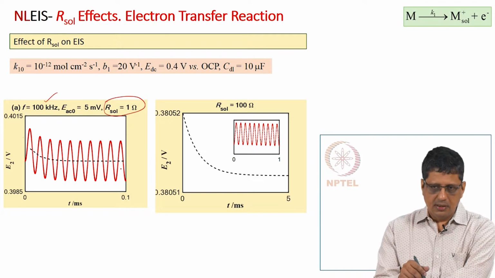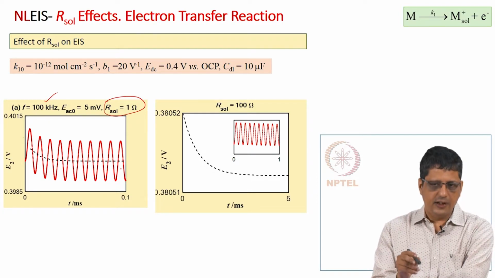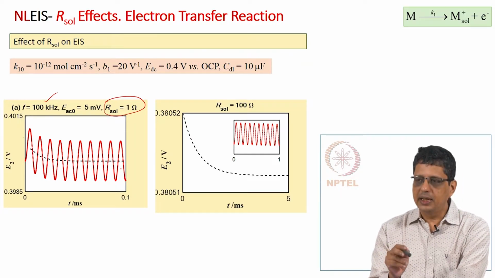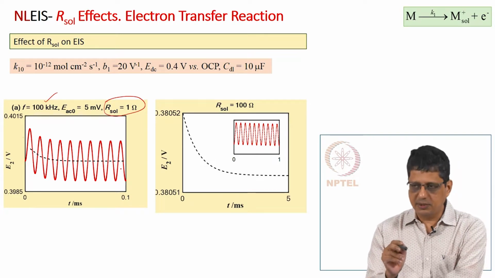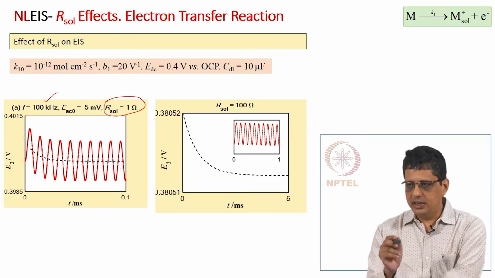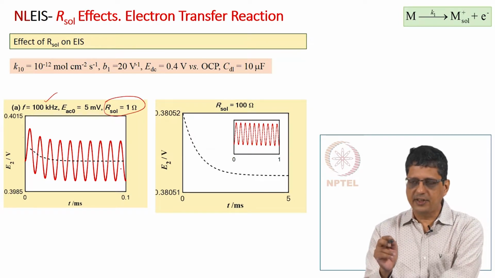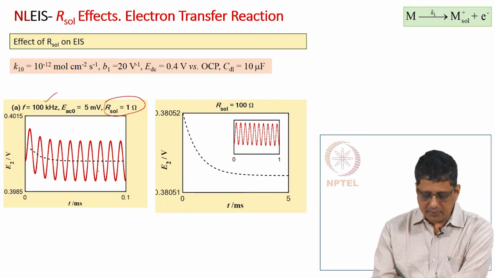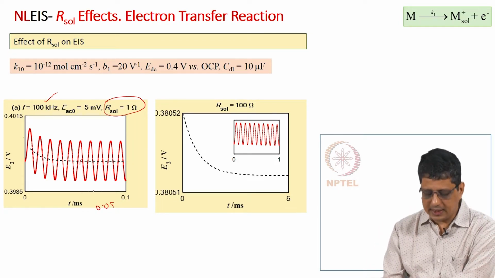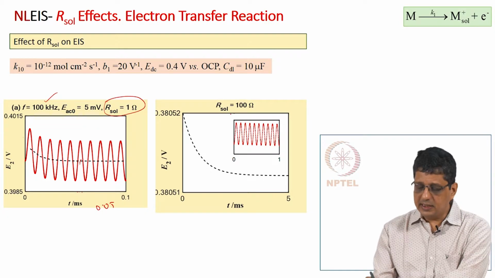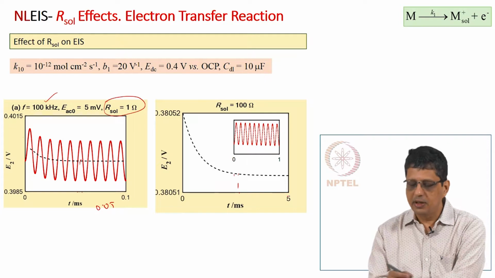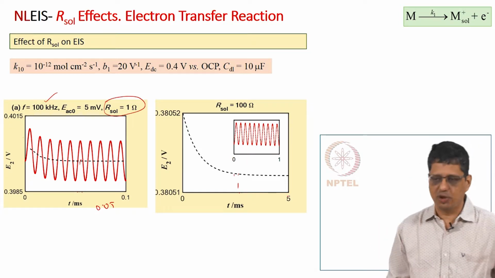Out here, even for a simple electron transfer reaction, if we have a significant solution resistance, when you apply a DC potential plus an AC potential, you will not get a steady periodic current response right away. It will drift a little and then stabilize after some time. Okay. In case of 1 ohm solution resistance, it takes maybe 0.05 milliseconds to stabilize. In case of 100 ohm solution resistance, it takes maybe 3 or 4 milliseconds to stabilize for this set of kinetic parameters at this DC potential.